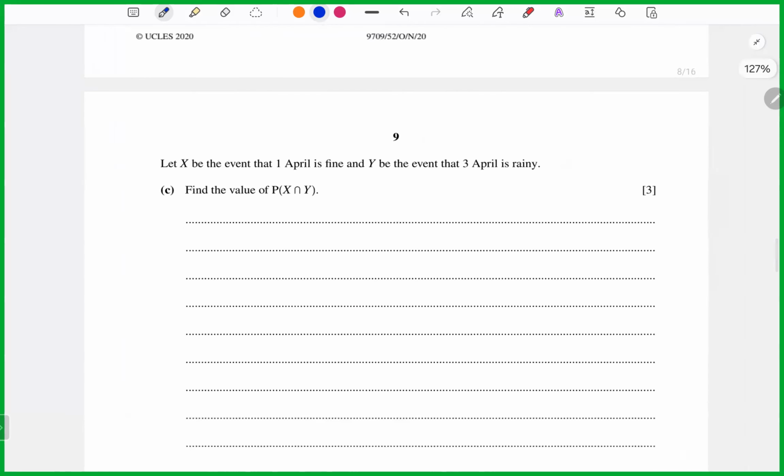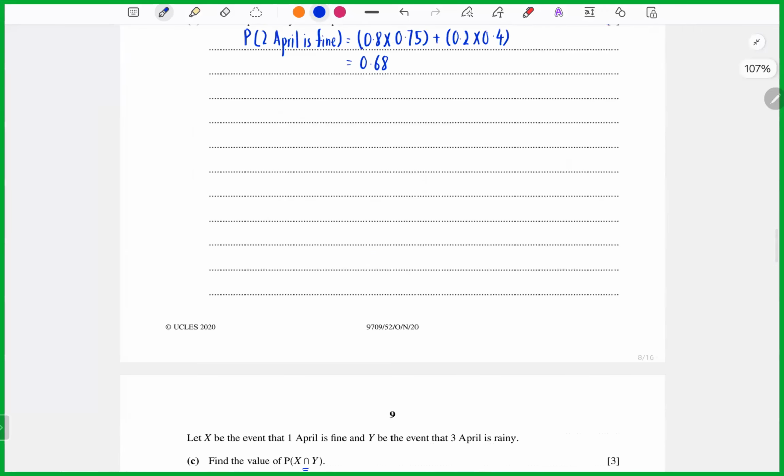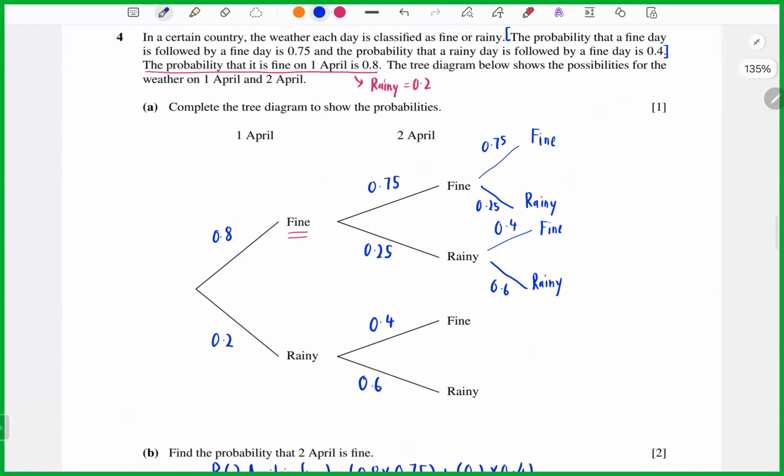Because it is "and", it means they want it to continue. So I will mark this part: first April and second April are fine days, and the third April is a rainy day. Or first April is a fine day, second April is rainy, and then after that also a rainy day.